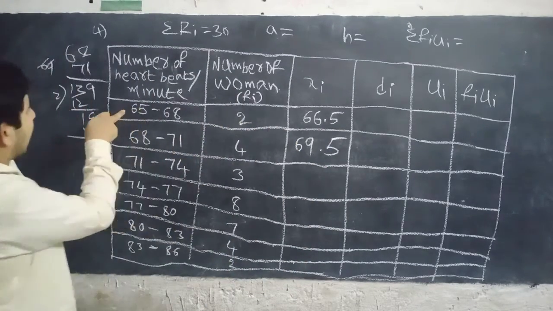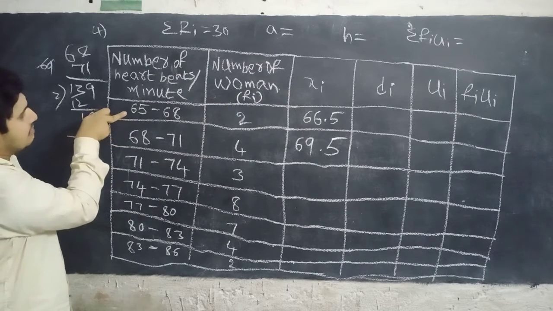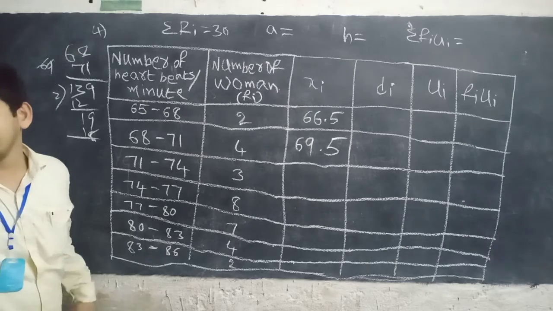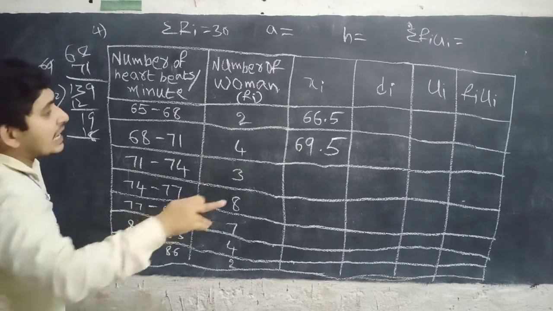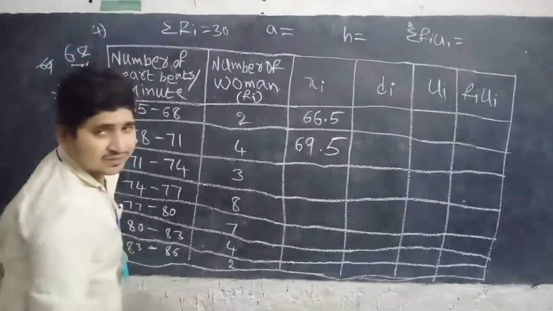Because the difference between the lower boundary and upper boundary is 3, the difference between two xi values is also 3.